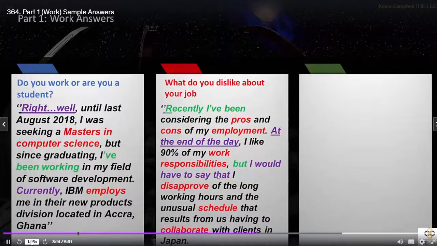"I would have to say that," fluency language. "Disapprove," a dislike synonym. "Collaborate" is really good work vocabulary, right? If you're answering this way, we're starting with an adverb, "recently." If you're answering and using all of these different aspects that I'm trying to teach you, this is how you move up the rubric.